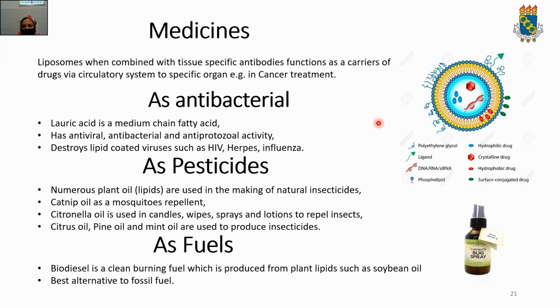So finding a better alternative is in the form of biofuels, and these biodiesels are very clean burning fuels which are produced from plant lipids such as from soya bean. So they are the best alternative to fossil fuel, and they are derived from plants, and they are lipids in nature.